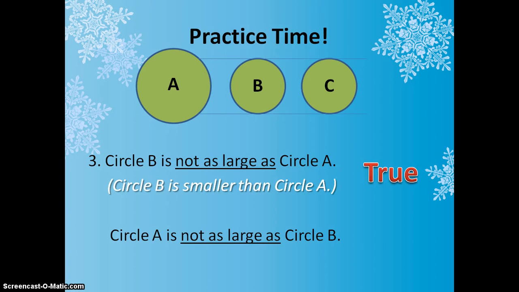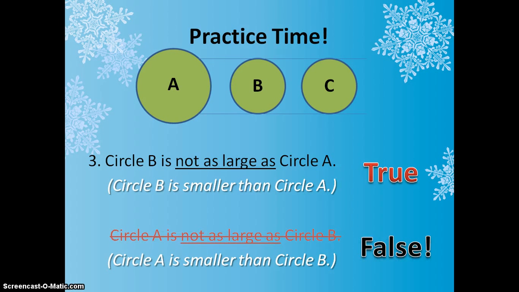But our second sentence means circle A is smaller than circle B, and that is not true. Circle A is not smaller than circle B, it's actually larger. So we have to be careful and remember to put the lesser noun first.